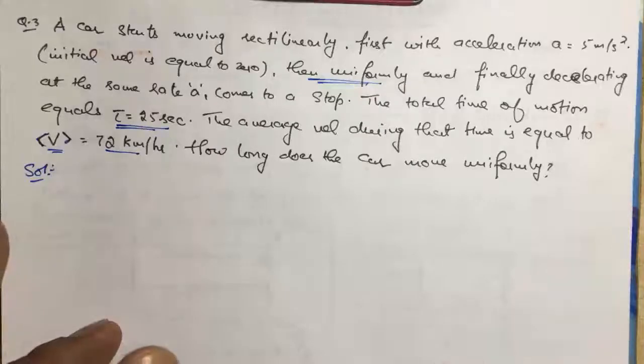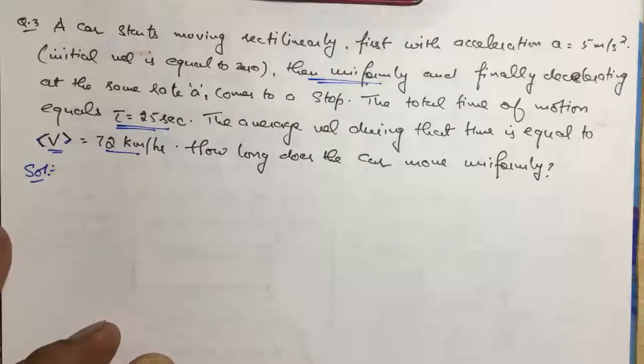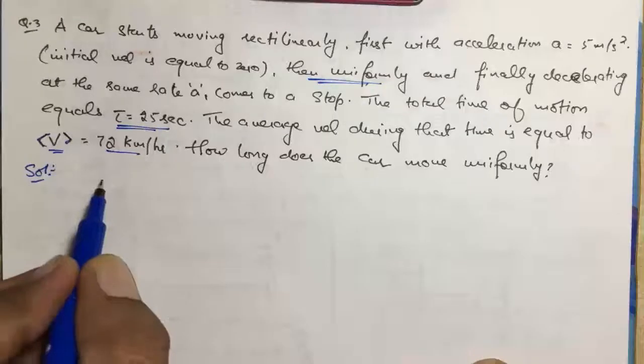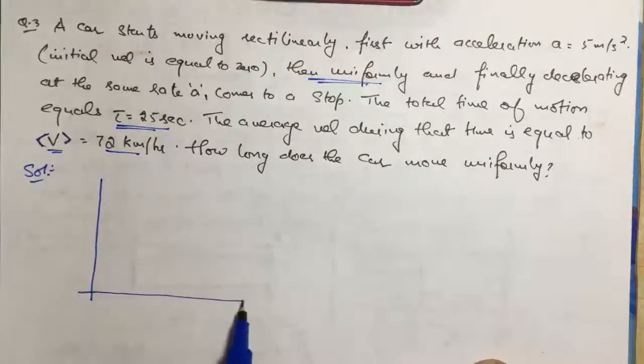Let's formulate the problem. We can solve it by theoretical method, algebraic method, but I think a graphical method is the best one, and that is the shortest one. So I'll go with that method. I'll draw the V-T curve.